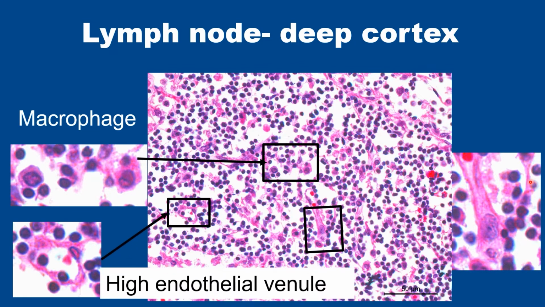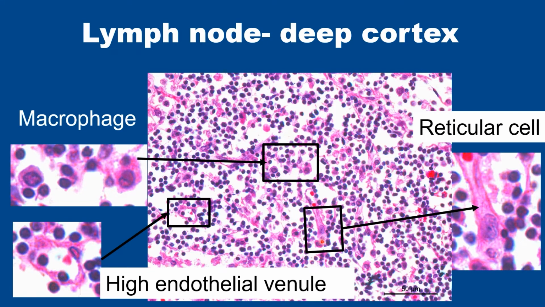There are high endothelial venules in the deep part of the cortex. You can see the high endothelial venules are lined by cuboidal epithelium, and there are gaps in between the cuboidal epithelium, and there are a lot of reticular cells and reticular fibers in the deep part of the cortex.